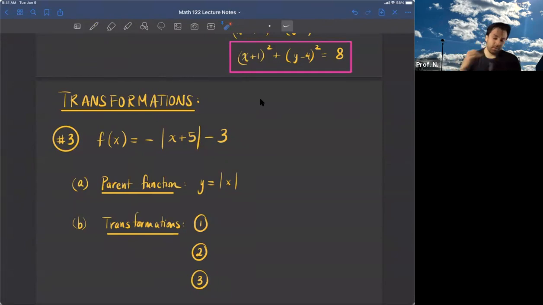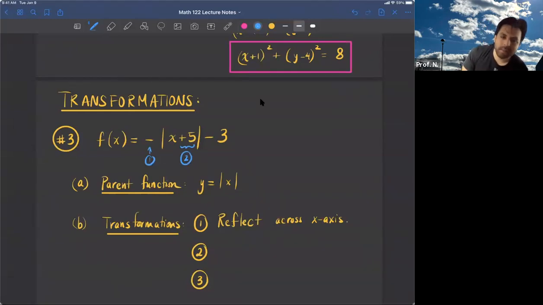So correct. So Chen, number 1, first step. This here is number 1. I'm going to reflect across the x-axis because the negative in front tells me to do so. So reflect across the x-axis. Step number 1. Step number 2 would be what? That plus 5. What does that plus 5 indicate when I add it to the x?